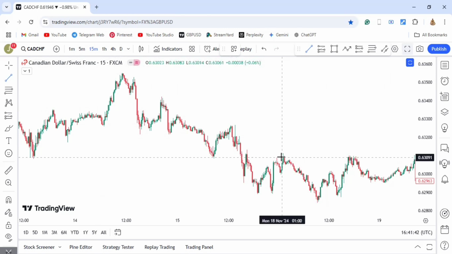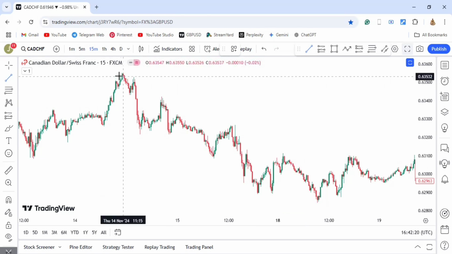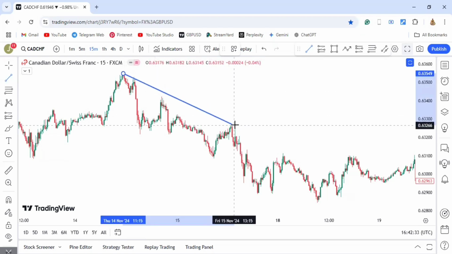That is how a downtrend is. You are going to check for the high points and you connect two high points together. So I can connect this high point, you click the two, I will connect it to this high point like that. So for a trend, you need two high points.